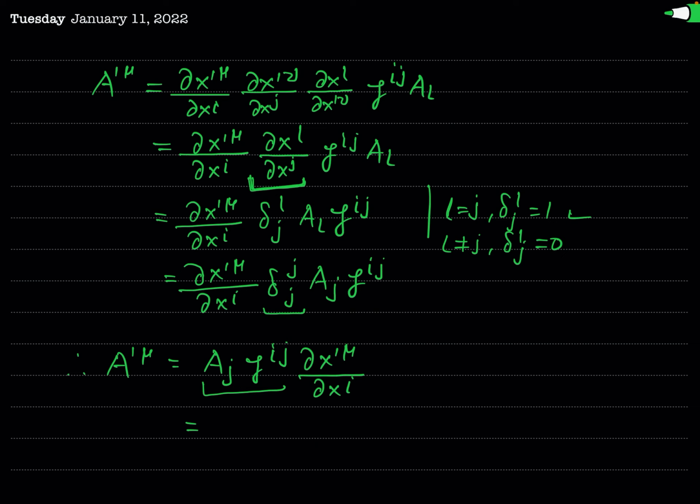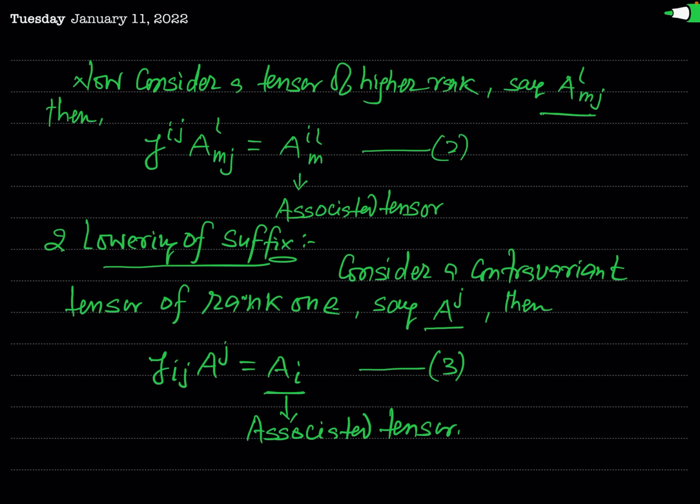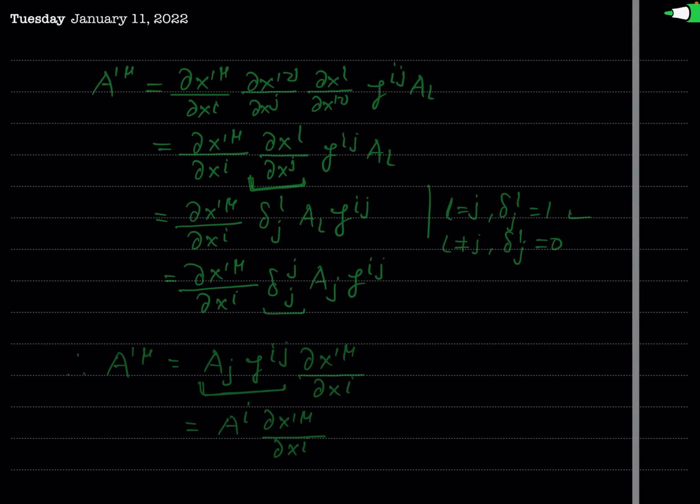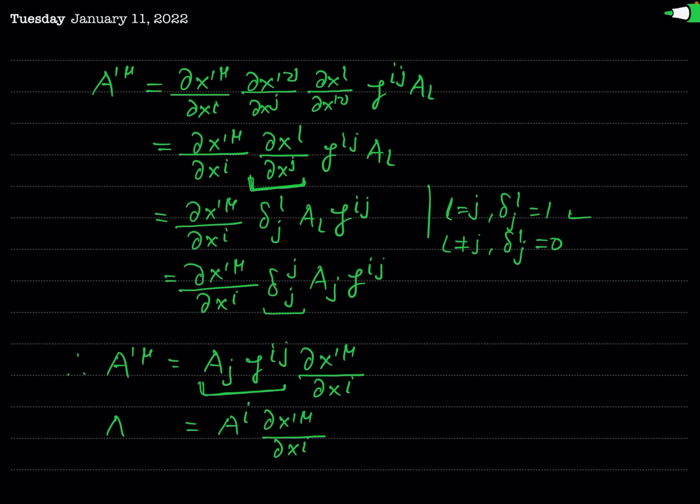You can see this j will be omitted and this will be simply equal to A^i, and this is ∂x'^μ/∂x^i. In fact, here I have used the definition of the raising of suffix. You can see here G^ij times A_j is equal to A^i. This equation 1 has been used here. And so this A'^μ is equal to this much.